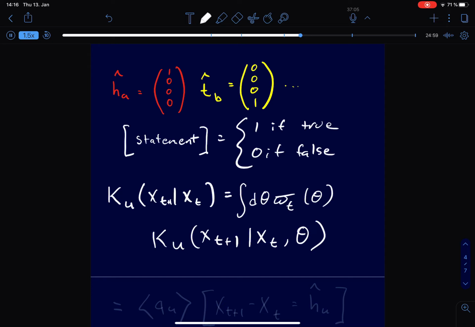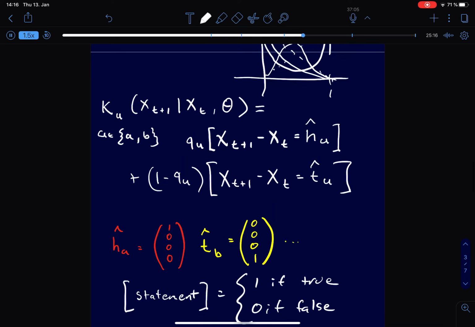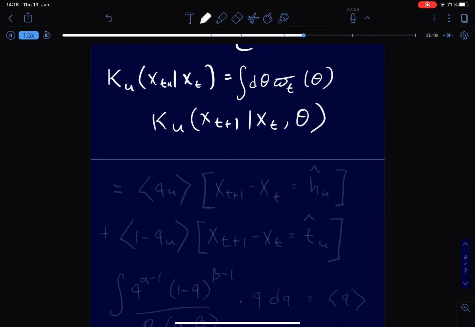So in the beta distribution case, if you look at our propagator as it's written, these parameters q and 1 minus q u just appear directly, and so that means we just need to replace them with their averages.